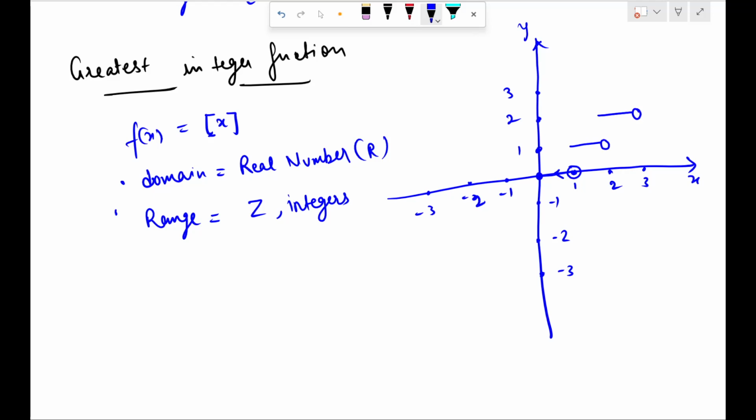Likewise, when x is between 0 and minus 1, then f of x is minus 1. When x is between minus 1 and minus 2, we have minus 2. When x is between minus 3 and minus 2, we have minus 3.